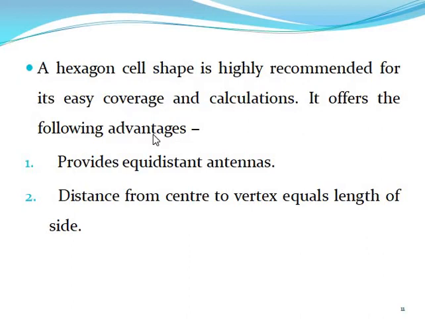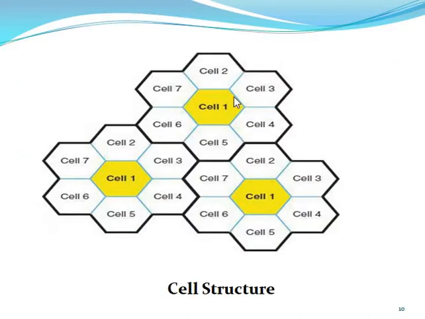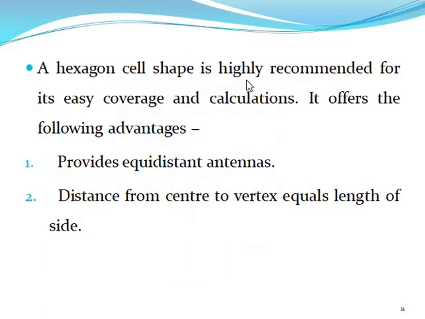It offers the following advantages. So what is the importance of the hexagonal cell? It is highly recommended because it makes it easy to cover all the data, signal, and antenna for the transmitter and receiver. This is the main importance.